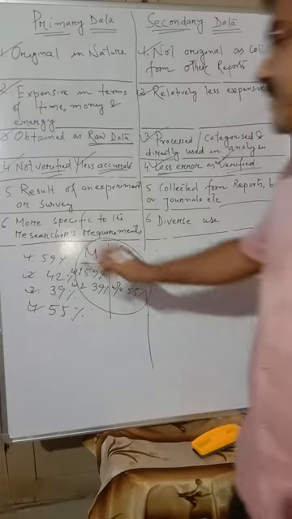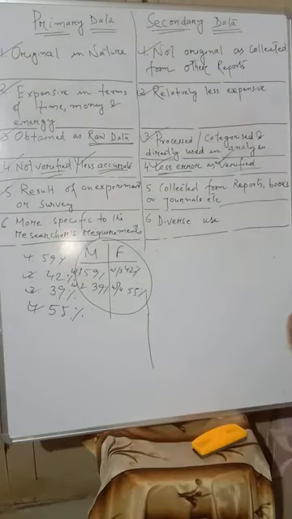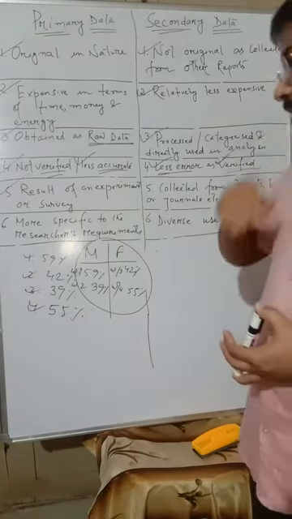Now the point 5 difference is that primary data is the result of an experiment, or it is the result of any survey.